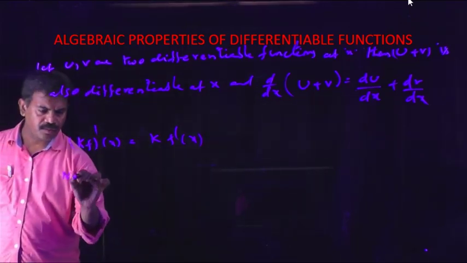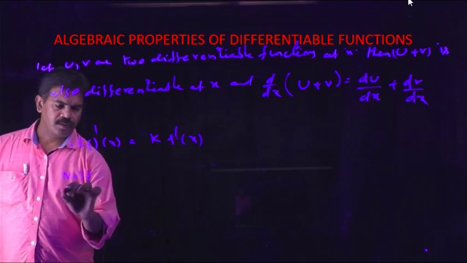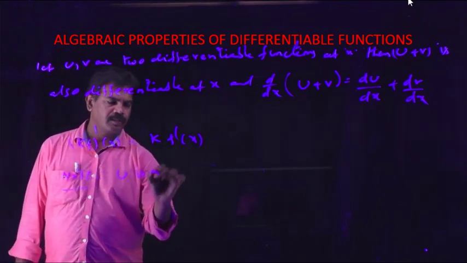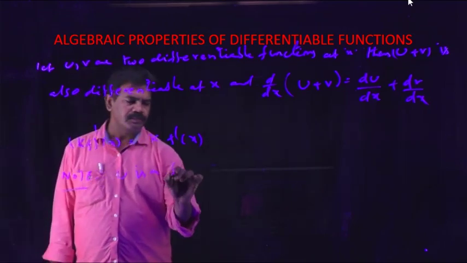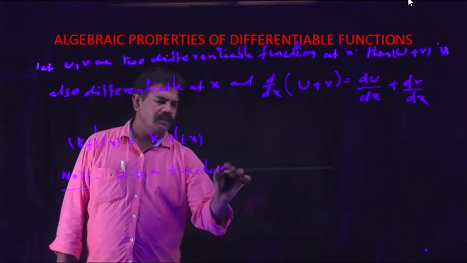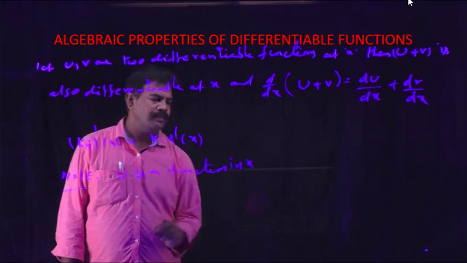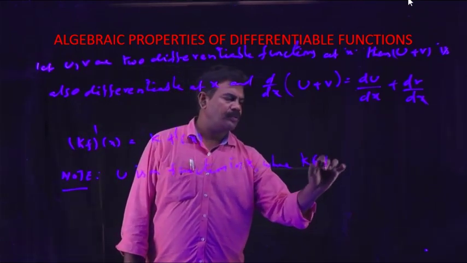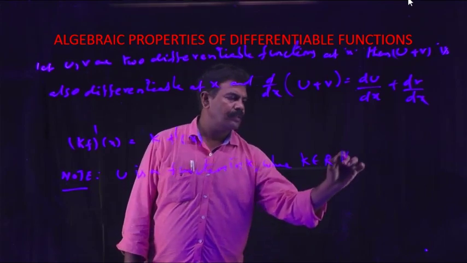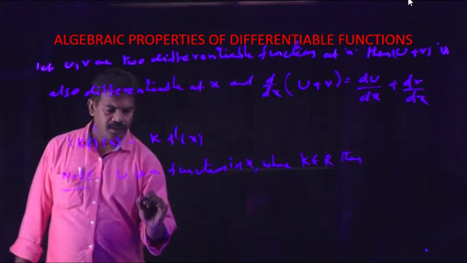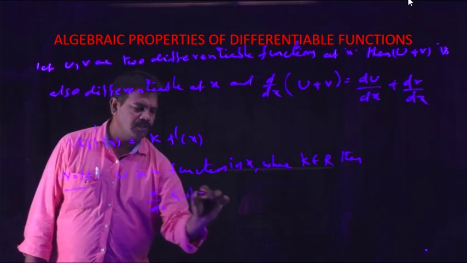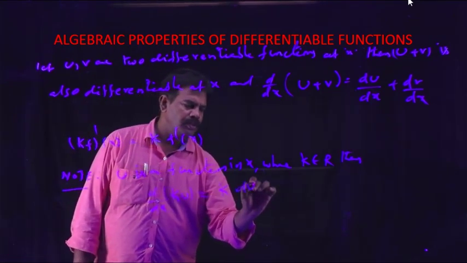Note, if u is a function in x where k belongs to R, then d by dx of k into u is equal to k into du by dx.